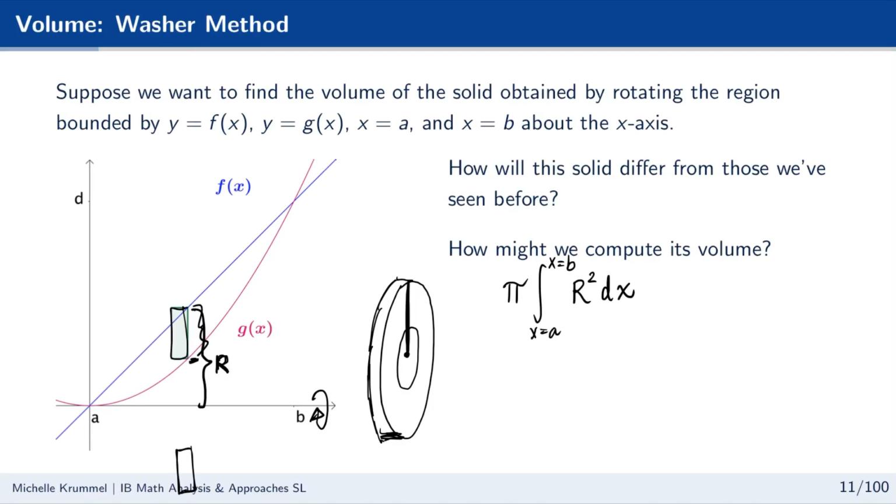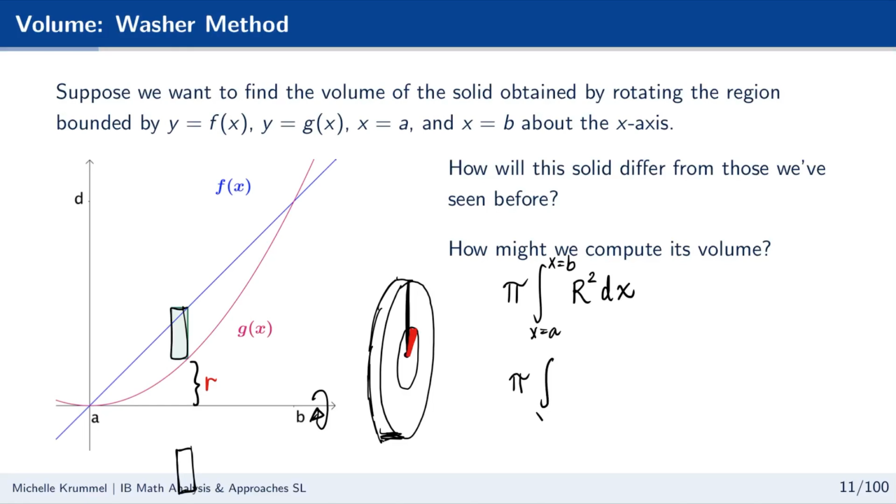Now, if we wanted to find the volume of the hole, the empty space, the radius would just be that distance right there, right? It's just that much right there. So we're going to call that one little r.